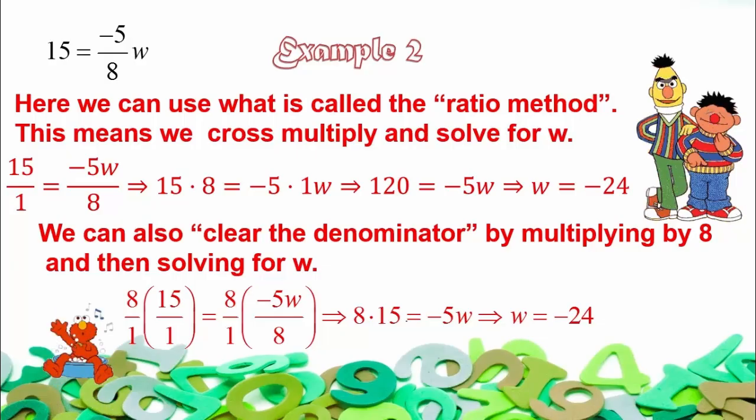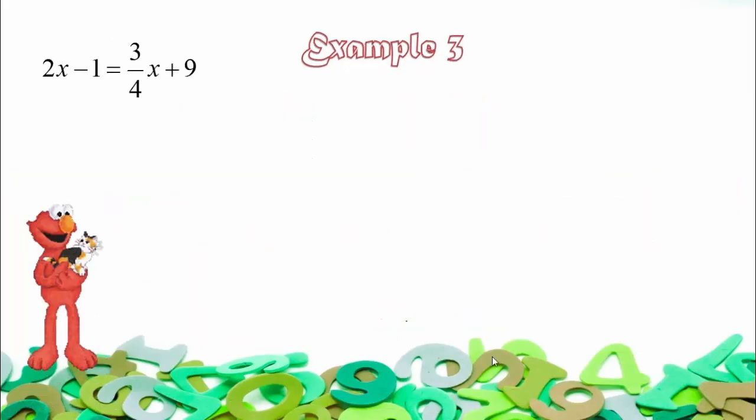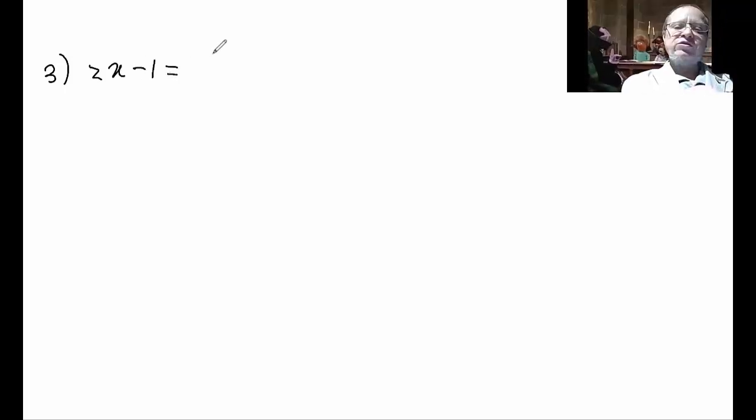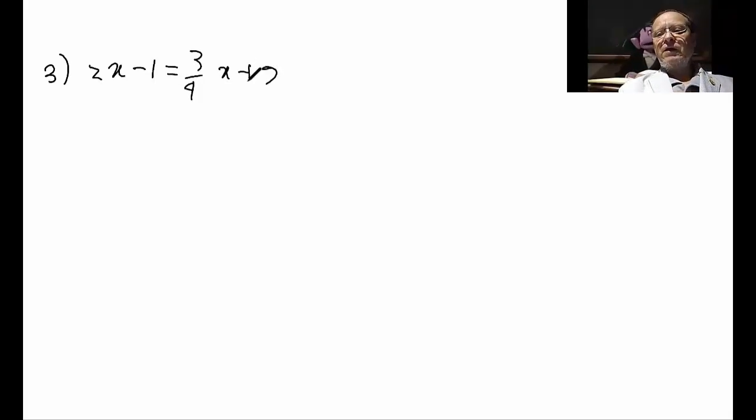In example number 3, we're asked to solve 2x minus 1 is equal to 3/4 x plus 9. Now let us go over to the whiteboard and see how we would tackle this type of problem. In example number 3, we have 2x minus 1 is equal to 3 over 4 x plus 9.